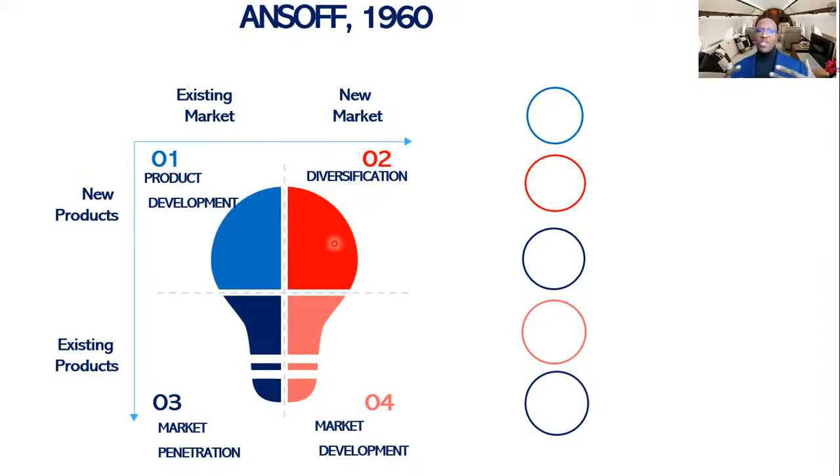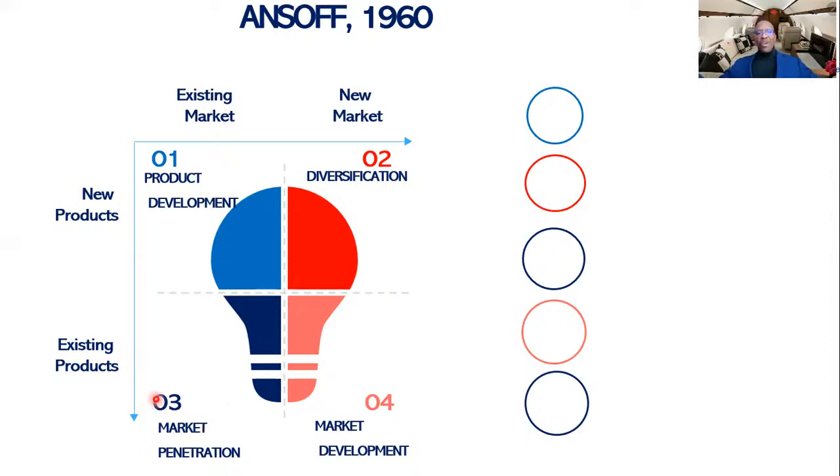Now, number 2 is that you develop new product for new markets, and this you can do through a process of diversification, either the diversification of the product itself, or you can also diversify the processes. So let's remember, when you talk of diversification, it doesn't necessarily mean it's a product that you diversify from. Strategy number 3 from the matrix is that of market penetration, where we use existing products to existing markets.